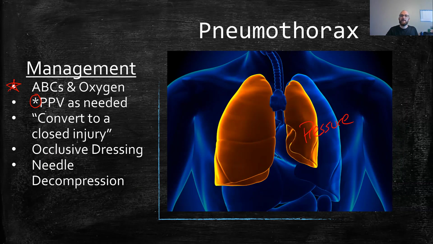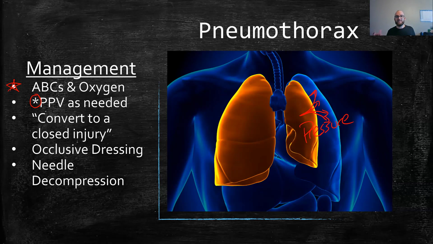And so if we start bagging the patient and they've got a hole in their lung, right? Us bagging the patient is going to be making that problem worse because we're going to keep forcing more air into that pleural space. So positive pressure ventilation has the potential to worsen the problem in a pneumothorax.